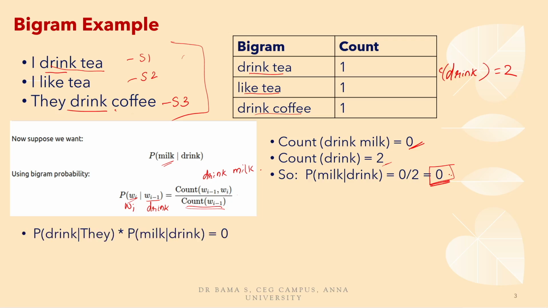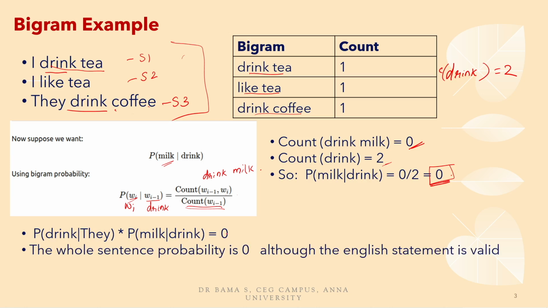The reason is, if you take it as a full probability, suppose you take this S3 structure, probability of drink given day multiplied by probability of milk given drink, then this probability is going to be 0. Why?